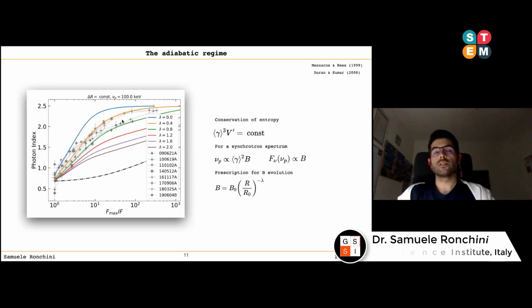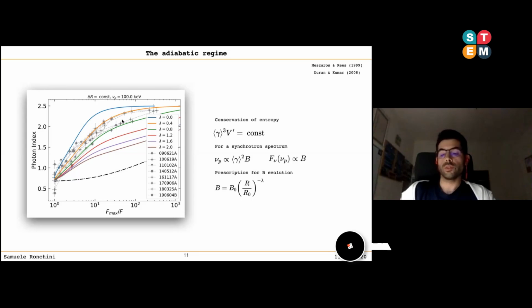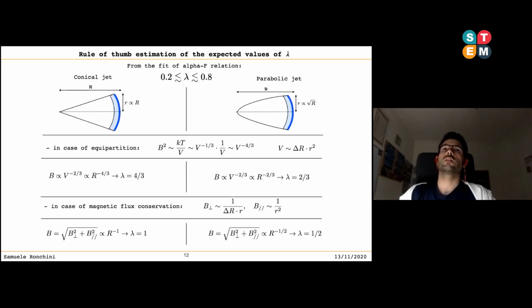So we tried, for this reason, to see what is the range of lambda that we can indeed expect. The value that gives the best fit with data is between 0.2 and 0.8.